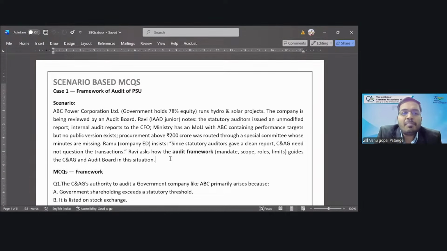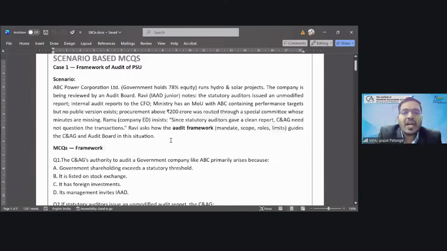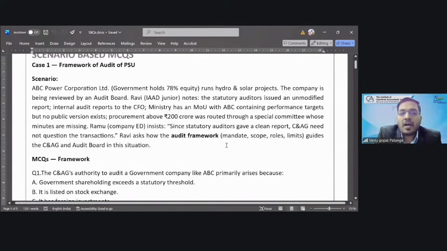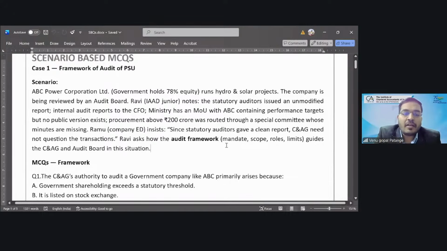This is a very simple scenario, just for understanding purposes. Can someone read the question?